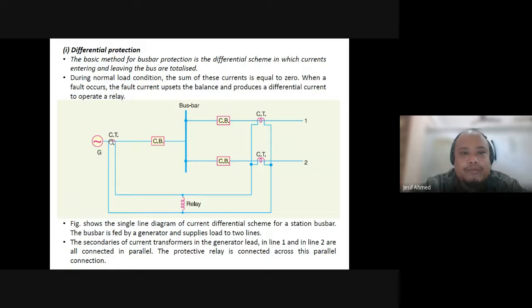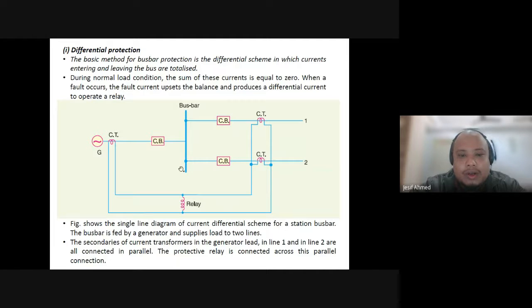Here this is the current entering the bus bar via this line, and these two lines will carry the total outgoing current from the bus bar. So if there is no fault in the bus bar, incoming current will be equal to the summation of outgoing current. Because these two are in parallel, this pilot wire will carry the total combination of these two lines.